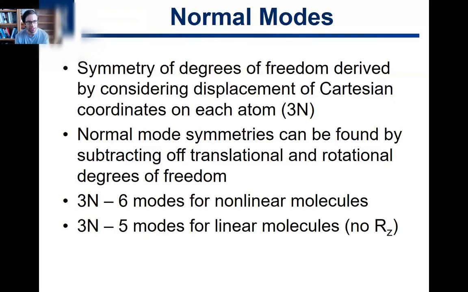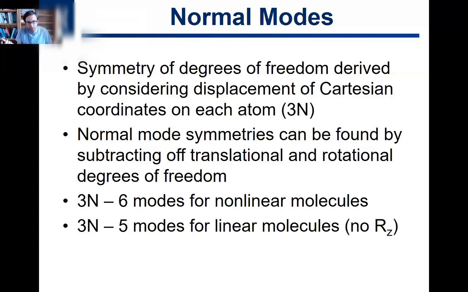If you have a linear molecule, you're going to have one more mode. It's going to be 3n minus 5. And the reason for that is because since now you're just a linear molecule, rotating along the principal rotation axis, z, right, Rz, doesn't do anything. That would just be spinning the molecule in place.